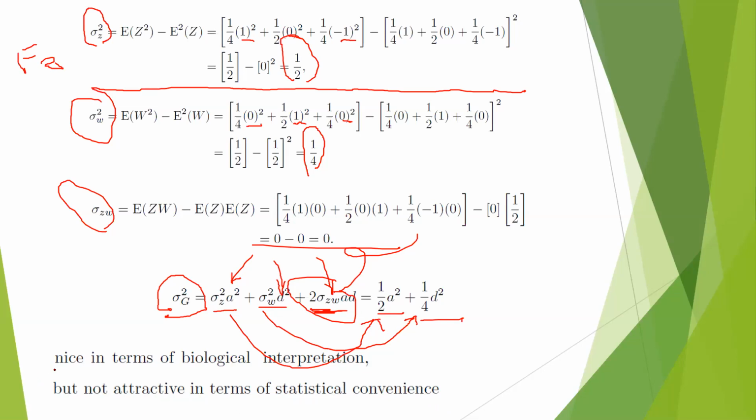This is very nice in terms of biological interpretation, beautiful, but not that attractive in terms of computational convenience. It is easy to understand and easy for me to teach, but when you want to develop some R code to do the calculation, this is not very nice. So that's why we want to use different scales to make the calculation much easier.